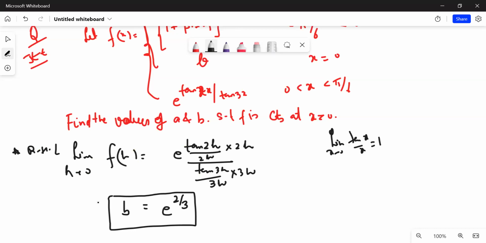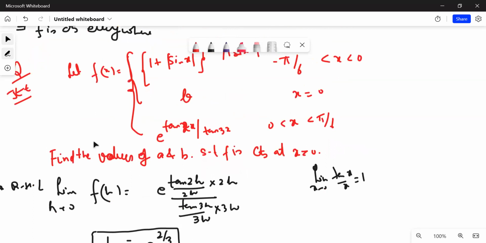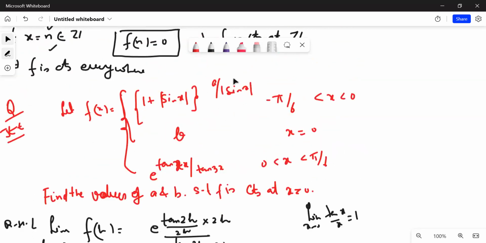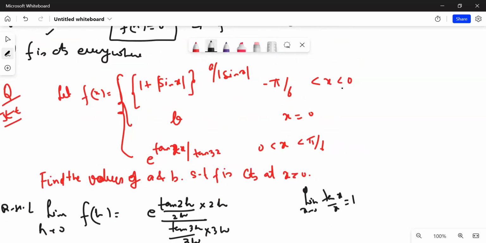And if you want to take the left hand limit, then the left hand limit will again be compared with the value of the function at that point. So as x tends to 0, this is going towards 0, this is going towards infinity, isn't it?